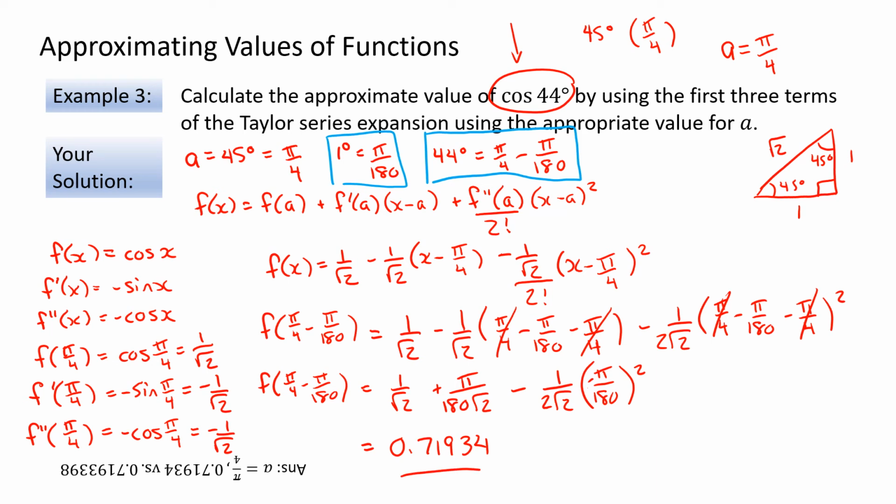If you were to just take that number and place it in your calculator, so if you were to do cosine of the pi by 4 minus pi by 180, you would have arrived at 0.7193398. So you can see that we're off by such a small margin, okay? It's actually 2 times 10 to the negative 7 that we're off.